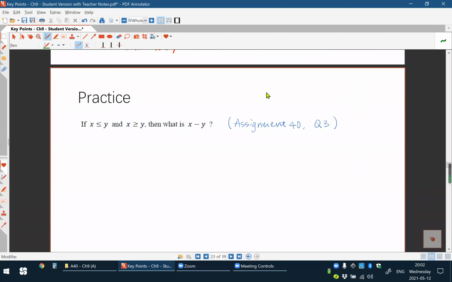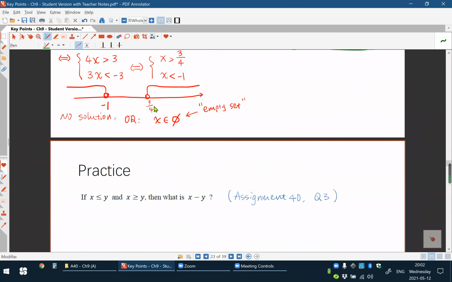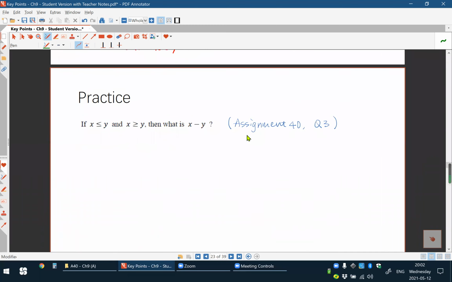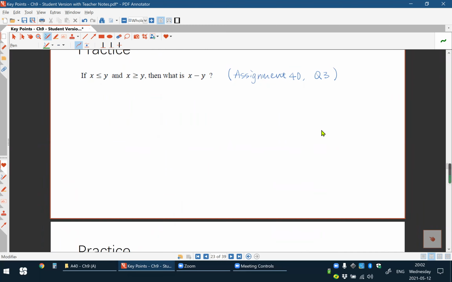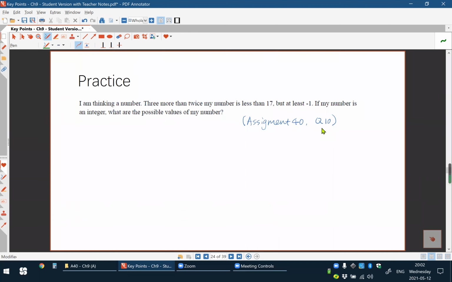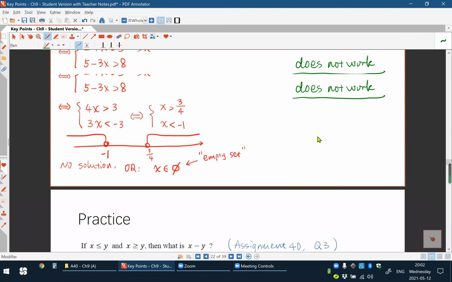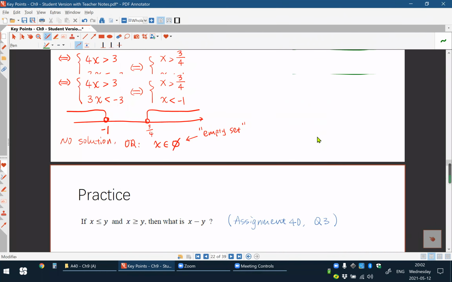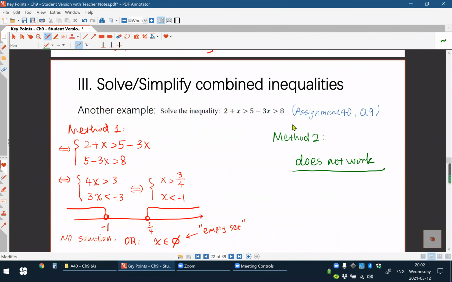Next one. Okay, there are 2 practices after this key point, right? So the first one is from assignment 40, question 3. And next one is actually from question 10. This is actually how we apply this method to solve simple combined inequalities, okay?